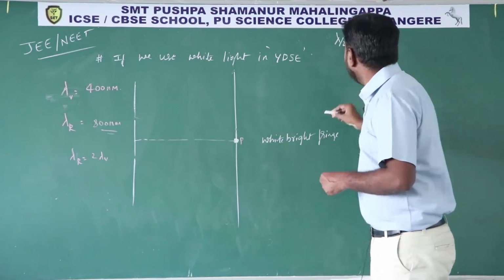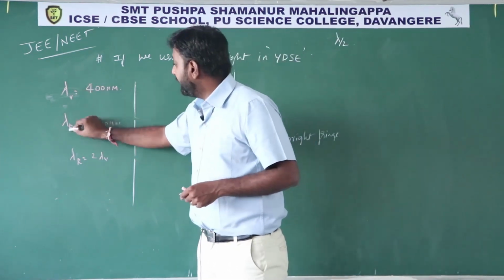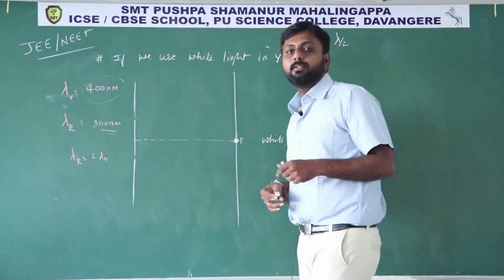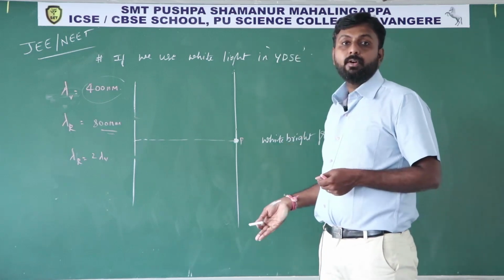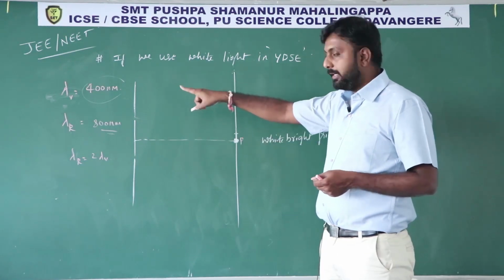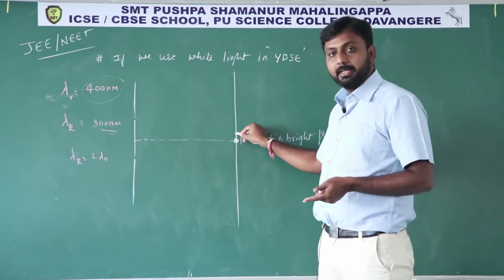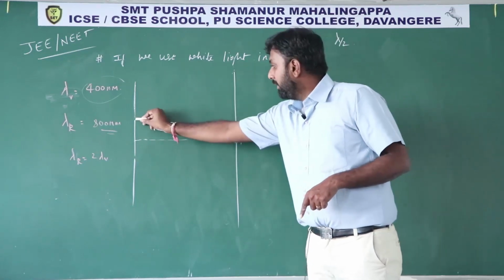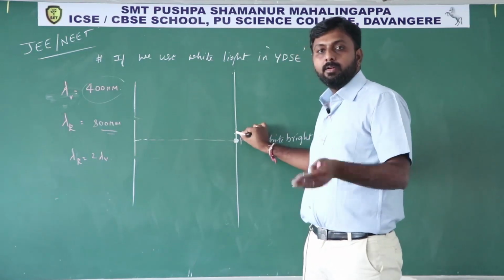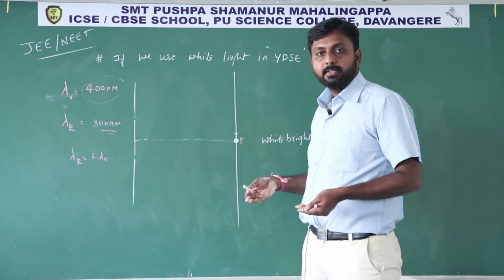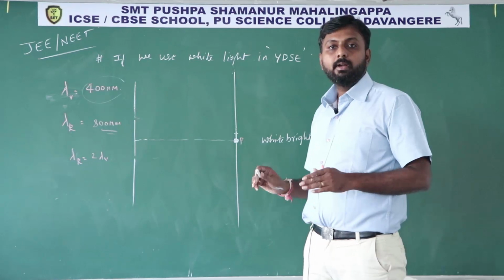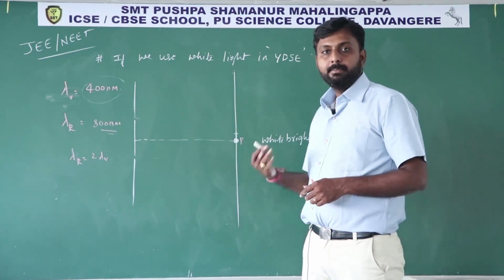Out of red and violet light, violet has the least wavelength, so for that the first dark fringe will form. As you go in this direction, first you get the dark fringe where the path difference becomes lambda by 2. From here violet light is coming, from here also violet light is coming. At this point, due to the path difference of lambda by 2, a dark fringe of violet light will form. That means violet color will be absent, it will be missing.